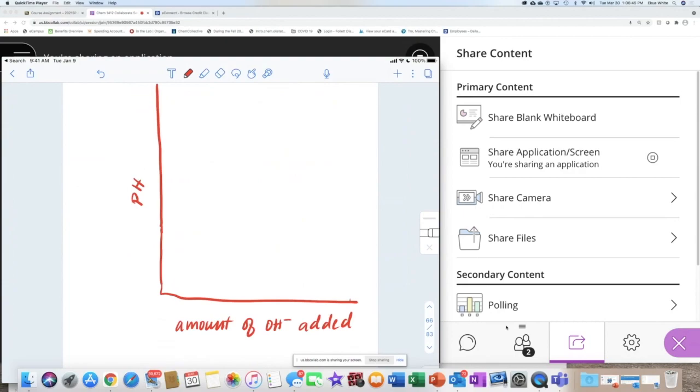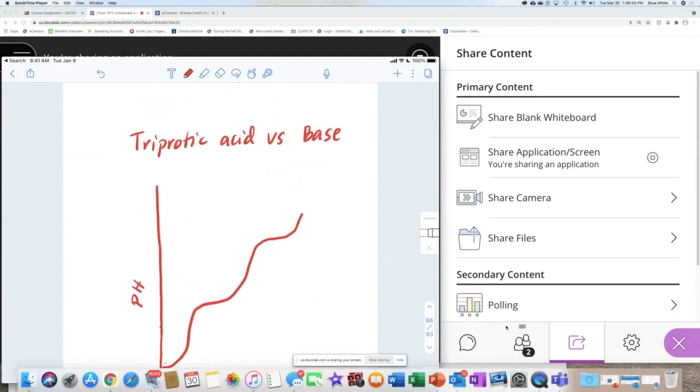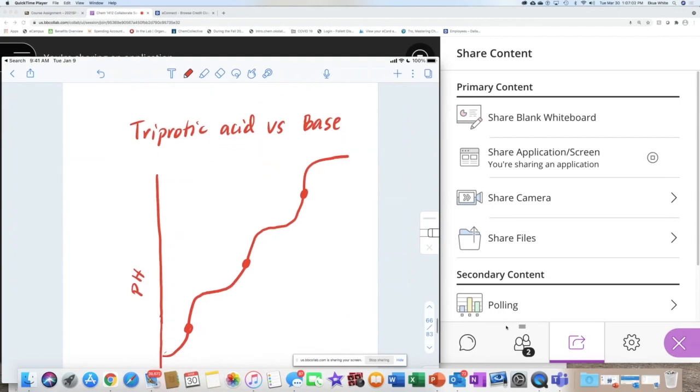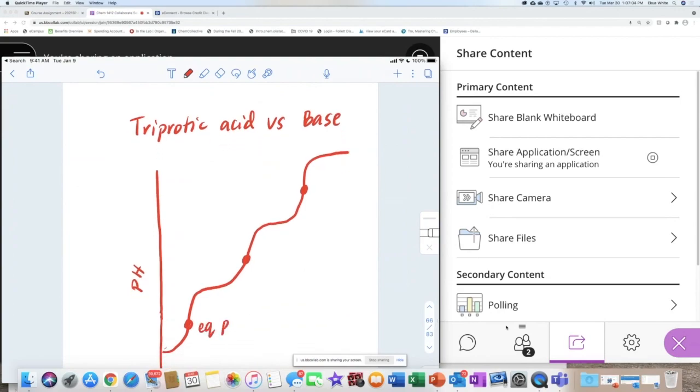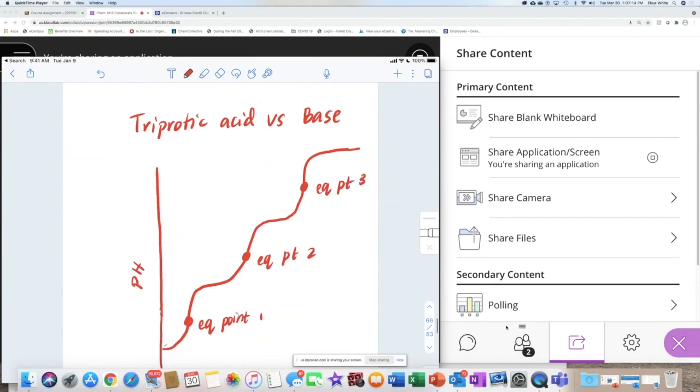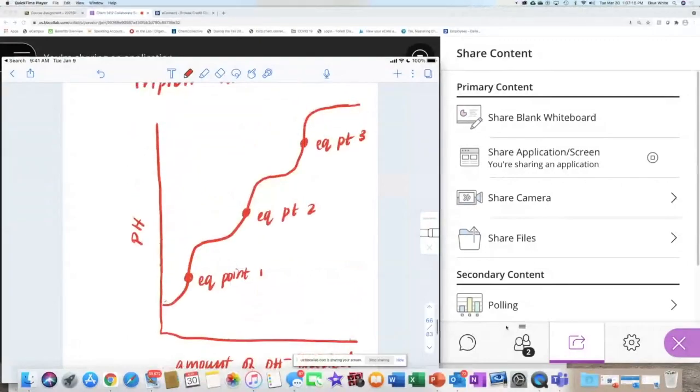I have to do 3 curves. 1, 2, 3. First inflection point, second inflection point, third inflection point. And there we have equivalence point 1, equivalence point 2, equivalence point 3.